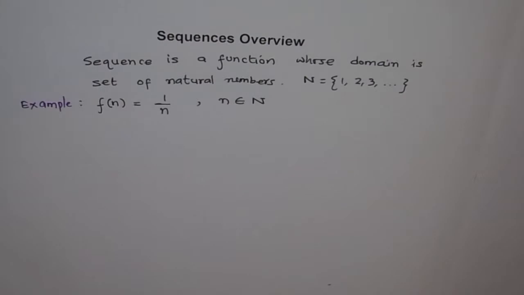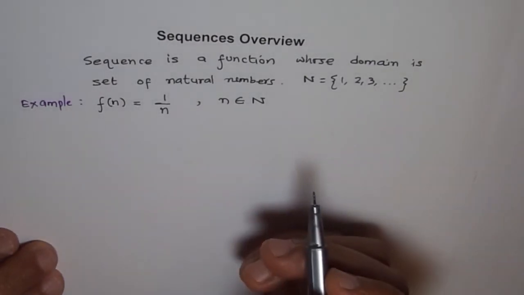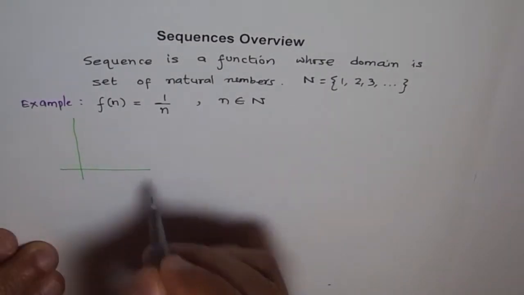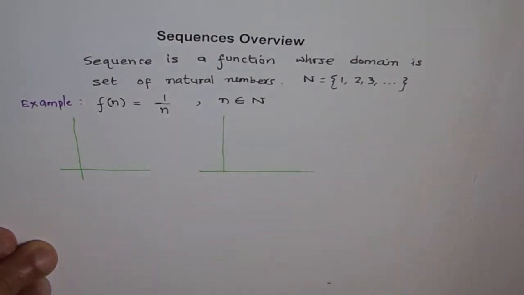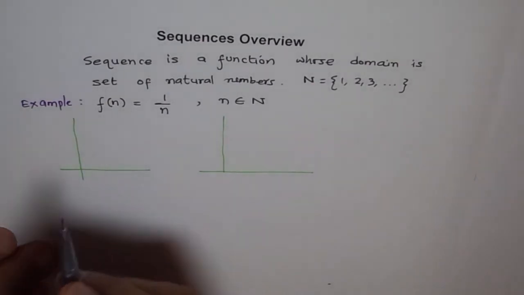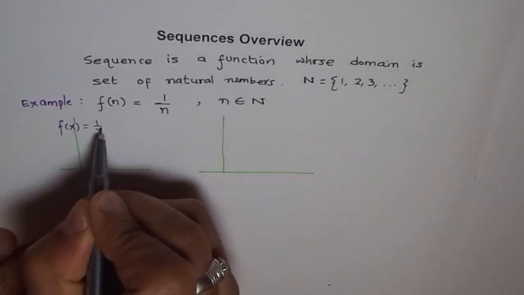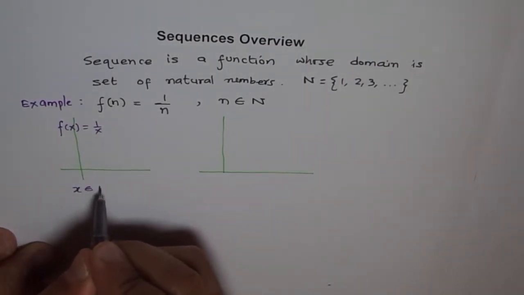And let's try to see how this is different from the functions which we have done so far. If I say in terms of function, I can write this as f of x equals 1 over x, where x belongs to real numbers.